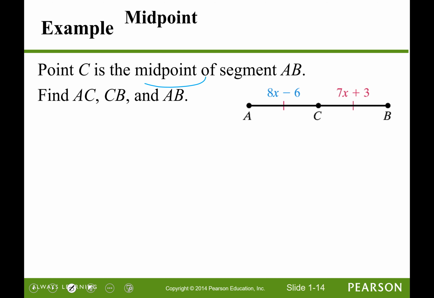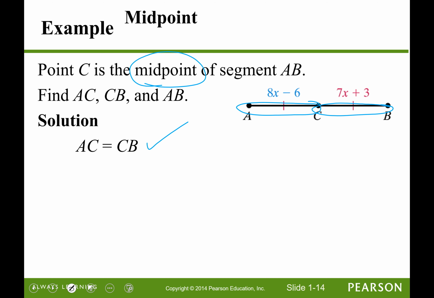Well, we know that the definition of midpoint says that it cuts a segment into 2 congruent parts. And we know that 2 congruent segments have the same measure. So translating this into an algebraic equation would look like this, setting segment AC equal to segment CB. And there are 2 ways you guys should be able to come up with that as the way to start your algebraic equation.